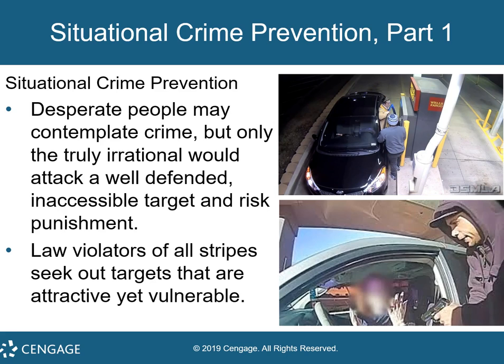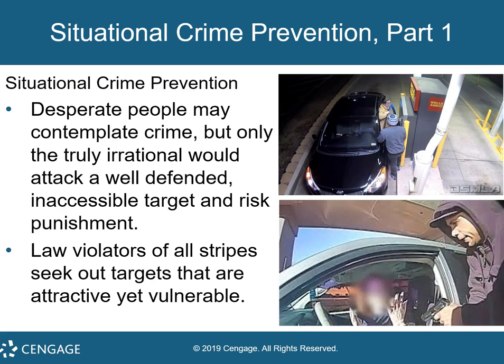Given that conclusion, rational choice advocates have formulated a number of potential strategies for controlling crime. Among the most significant are what we're going to talk about next, and that would be something called situational crime prevention.